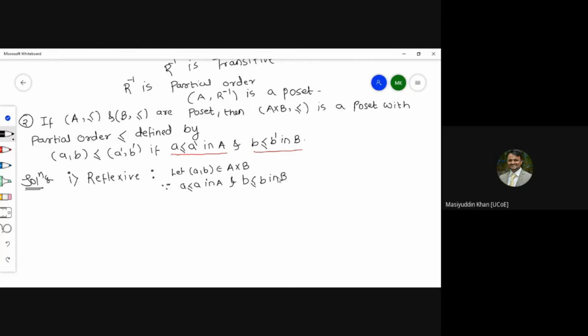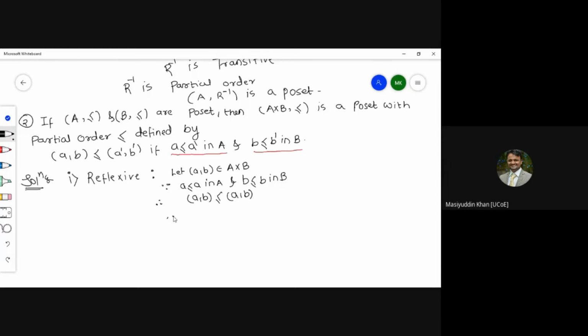So according to that, we can write (a, b) ≤ (a, b).